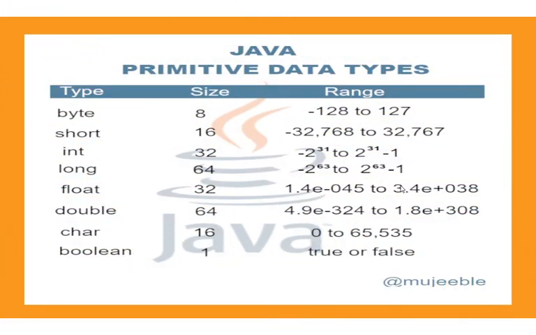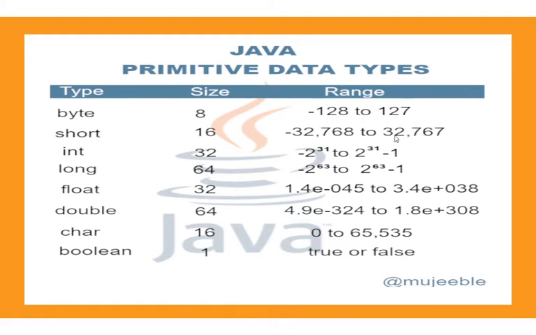But before we write any code, let us know all the supported data types in the Java programming language. Java supports 8 primitive data types, which are byte with a size of 8 and a range of -128 to +127. We also have short with a size of 16.